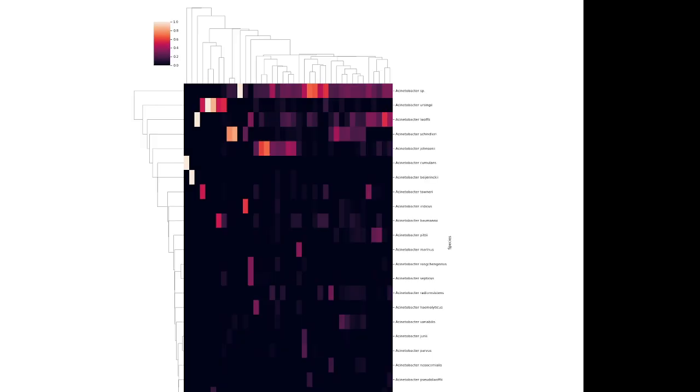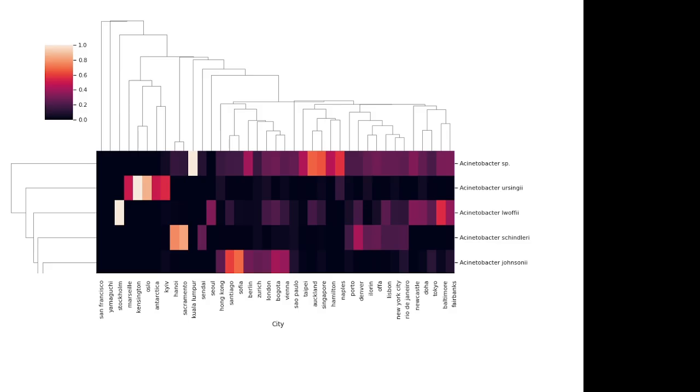And this is a heat map where we take into consideration the relative abundance. You can't read it, but I made a zoom, and in the zoom, you can see that, again, there is some structure here. There's non-uniformity. And so for this Acinetobacter here, which is called ursinii, it seems to be particularly abundant in this set of 5 or 6 cities over there.